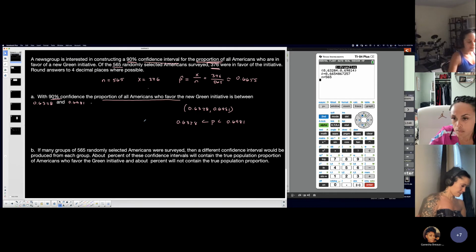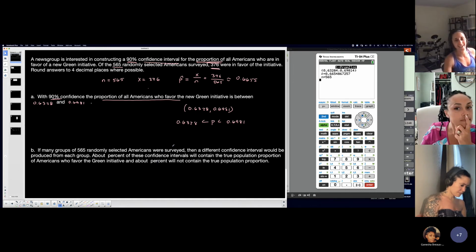Not inclusive. Everything in between those values are possibilities of the proportion of all Americans who favor this new green initiative. And I would say the majority, that's more than 50%. What does it mean for the population? So a lot of people like a green initiative, which is good because hopefully it's saving the planet in some way.